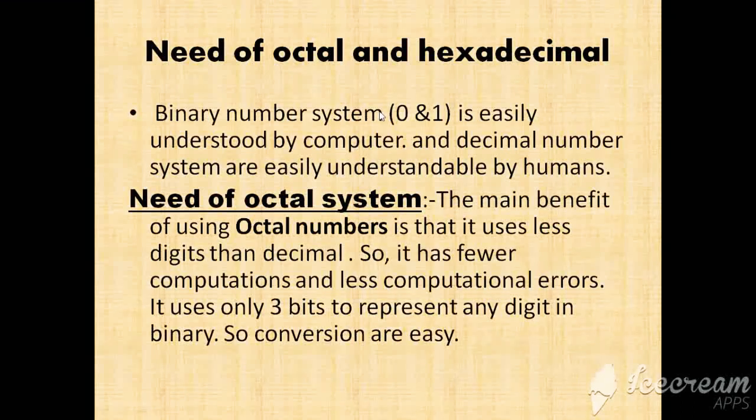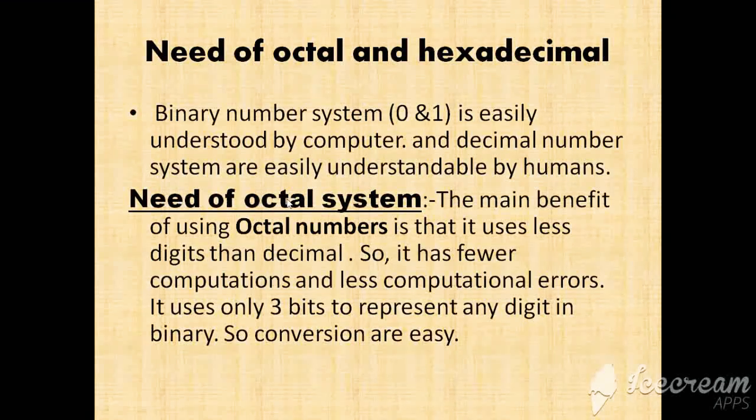Now one question occurs to me. Our work is fine with binary and decimal. In binary number system the computer understands 0 and 1 format. Decimal number system we understand. So we can work with that. So why is there a need for octal and hexadecimal? Let's understand this.